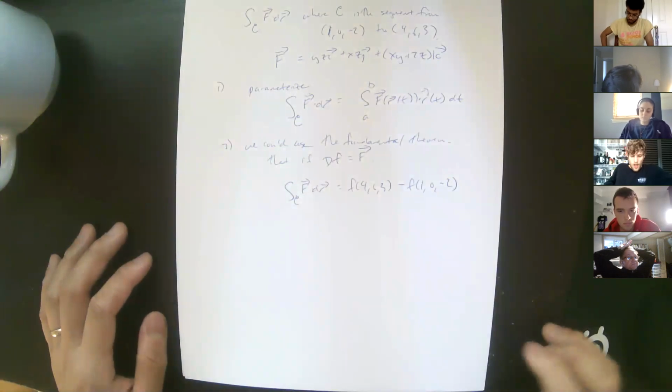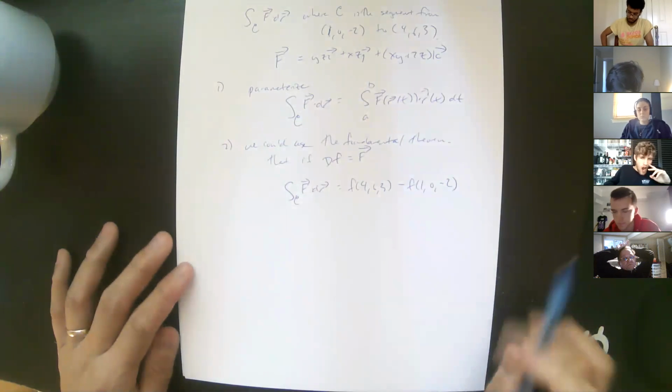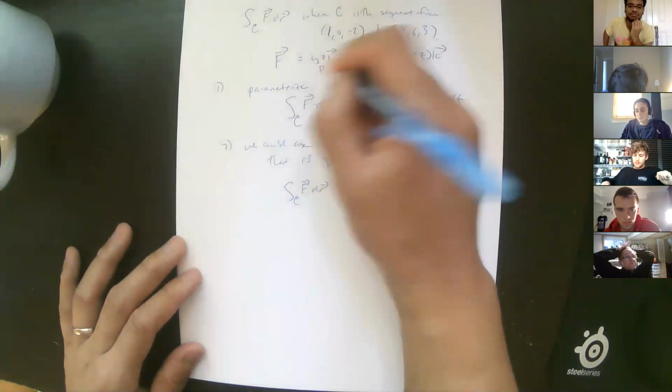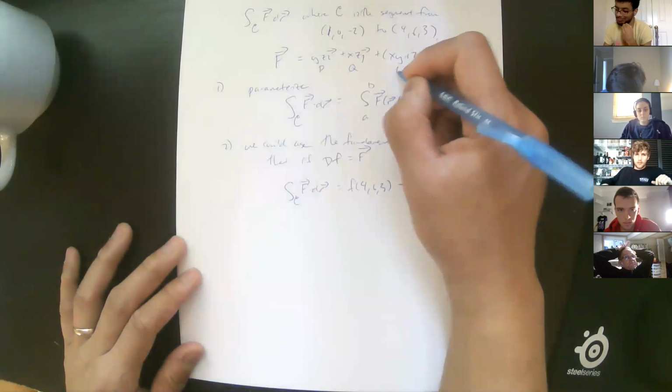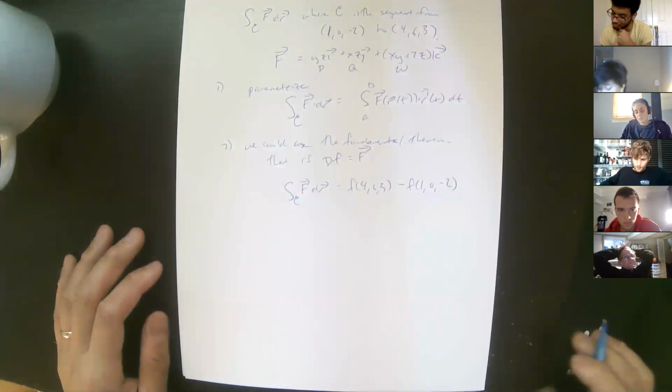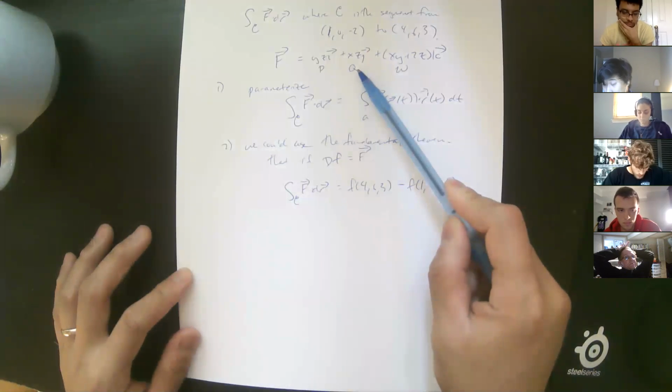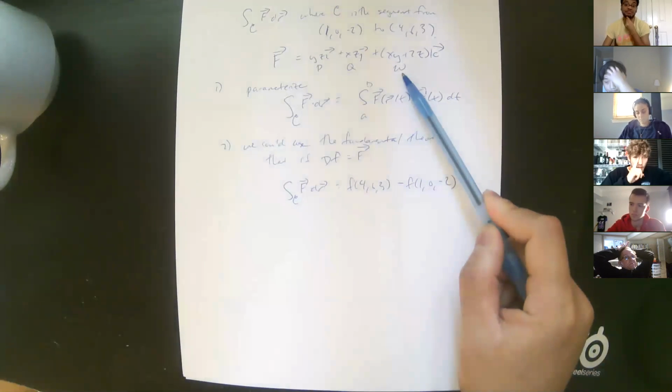So how do we start finding this function f? I'm going to do some integration here. This is P, this is Q, this is R, and these are the derivative with respect to x, the derivative with respect to y, and the derivative with respect to z.